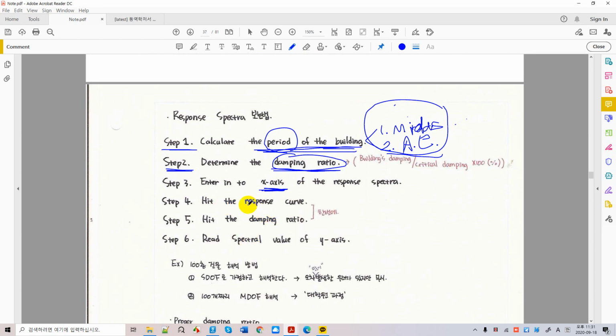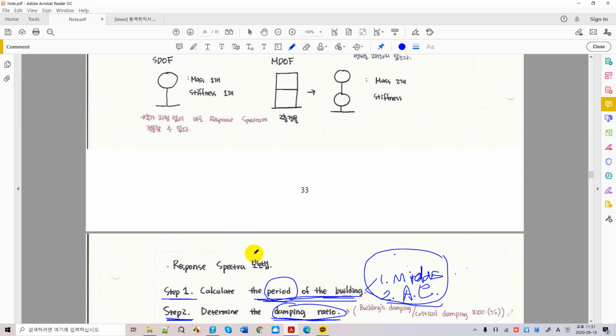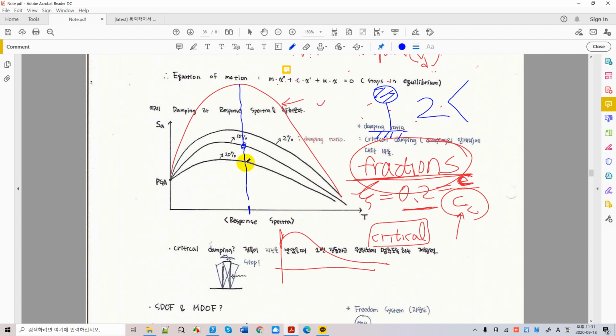After you hit the response curve with your damping, then you go to the left to read the spectral value. This spectral value is the value that you're going to use in the calculation of the building's seismic force, the shear force.